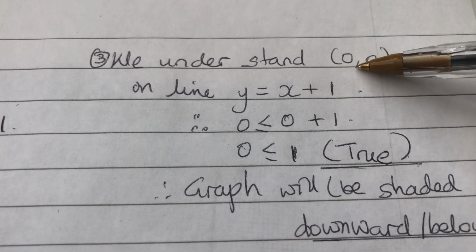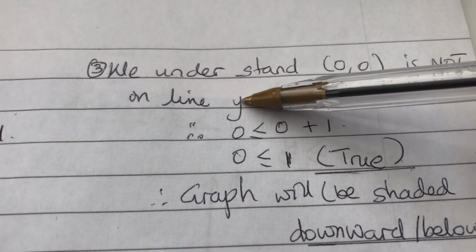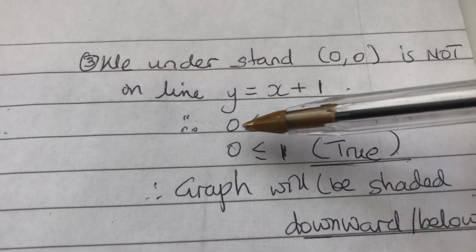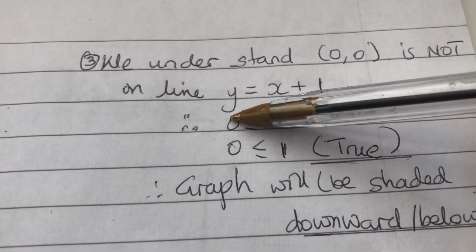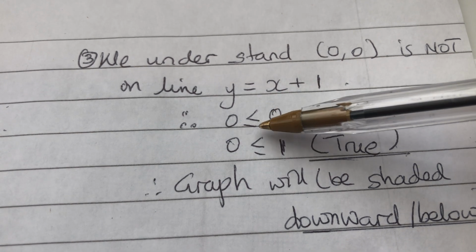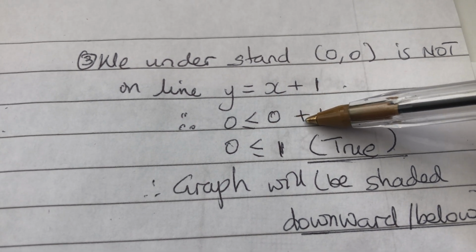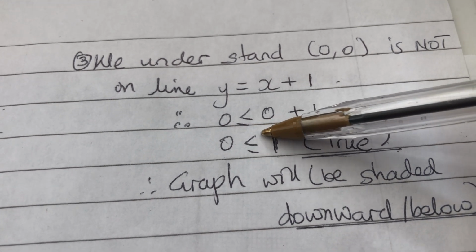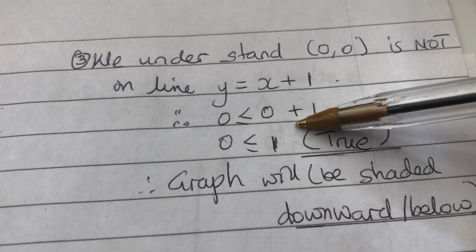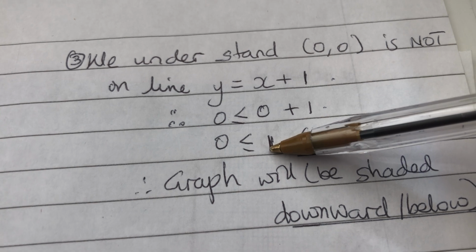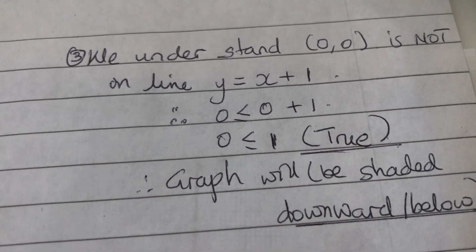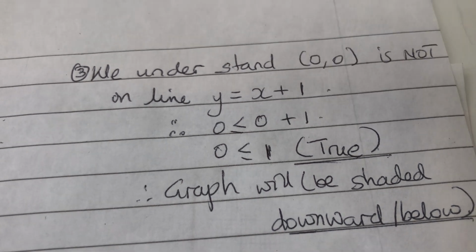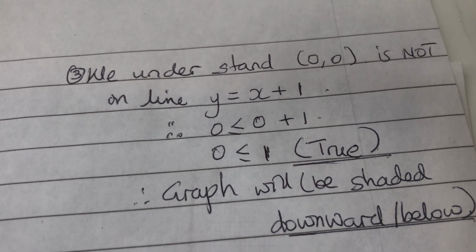If I investigate, when x is 0 and y is 0, I have 0 less than or equal to 0 plus 1. So I have 0 is less than or equal to 1. This in mathematics is true because 0 will always be less than 1.